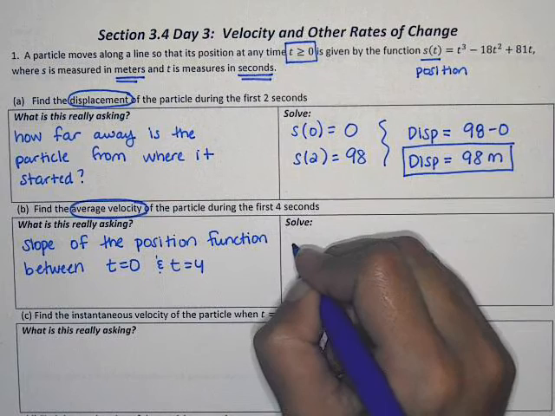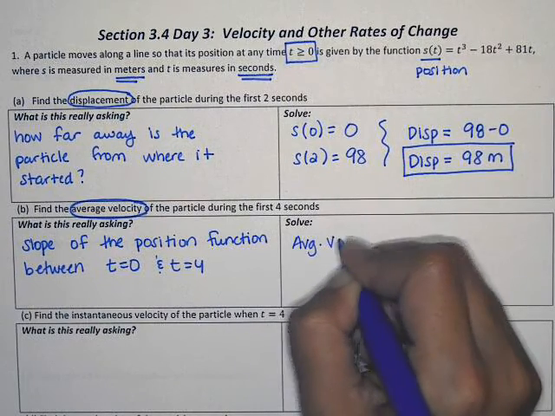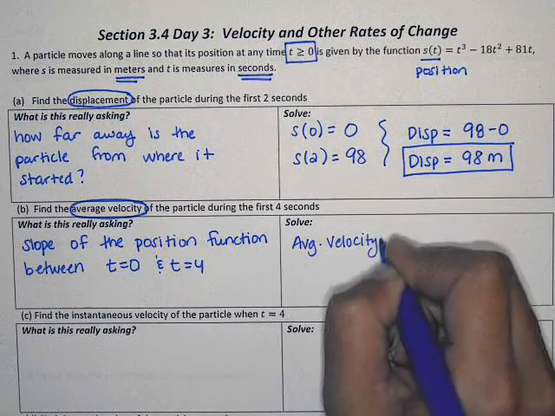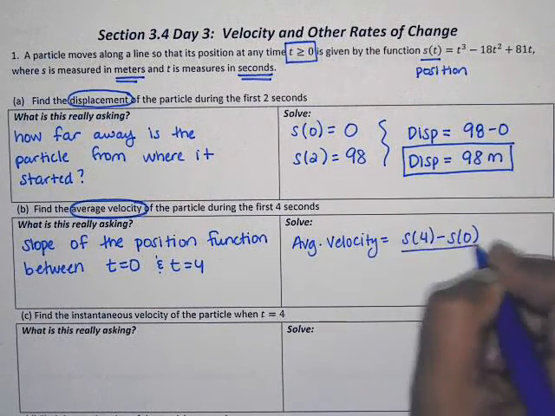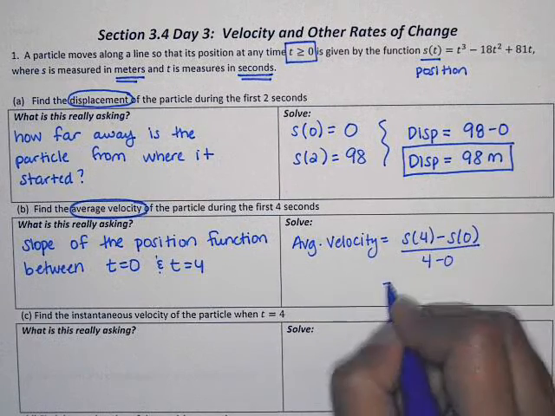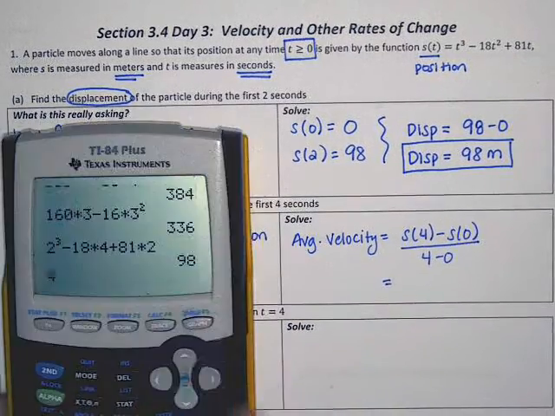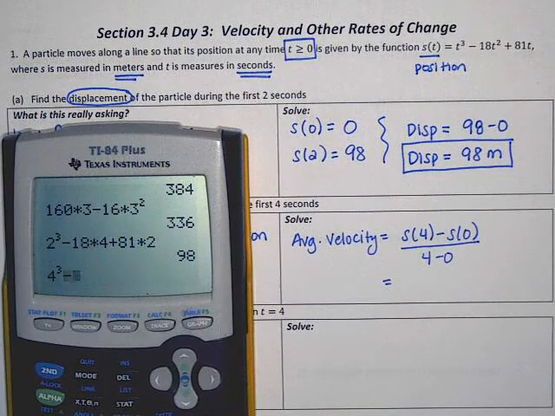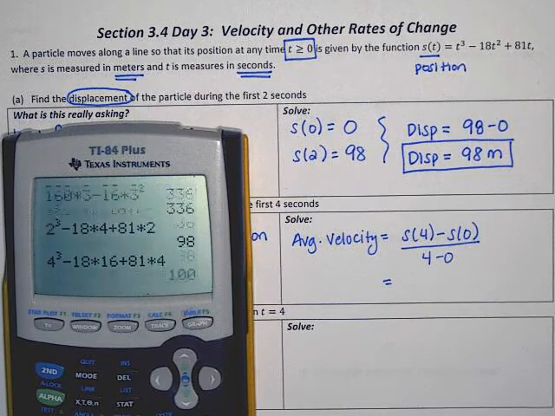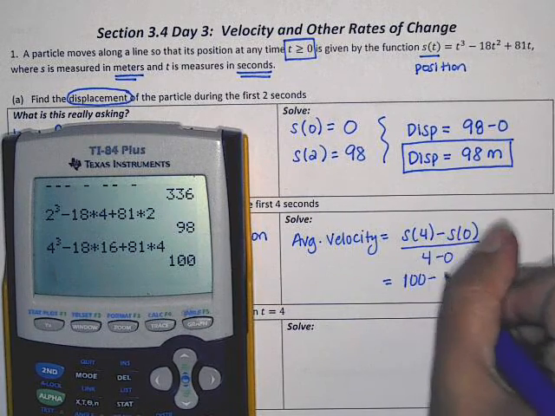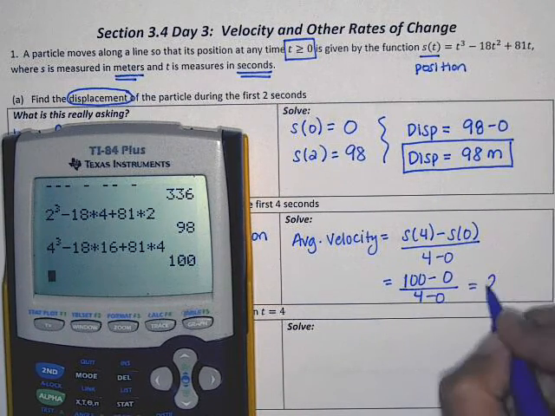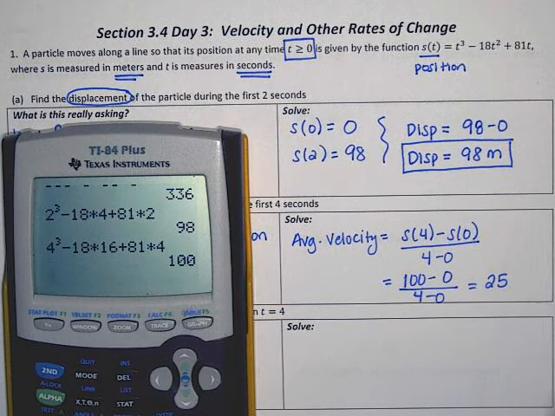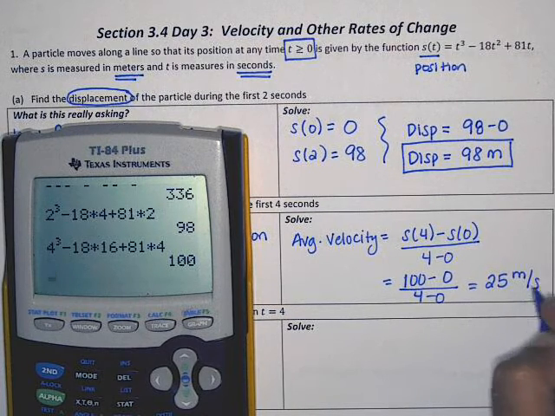So, to figure out the slope, which is the average velocity, I would do s of 4 minus s of 0 over 4 minus 0. Now, if I calculate s of 4, I would have 4 to the third power minus 18 times 4 squared, which is 16, plus 81 times 4, which is 100, minus, I know my original position is 0, divided by 4 minus 0. So I get 25, and because I'm finding a velocity, that would be meters per second.